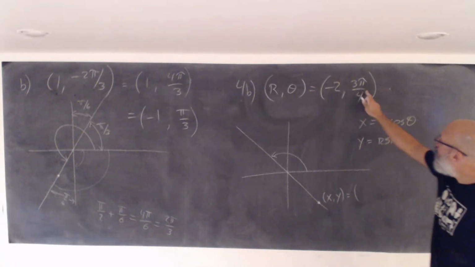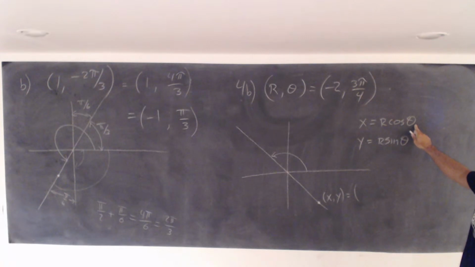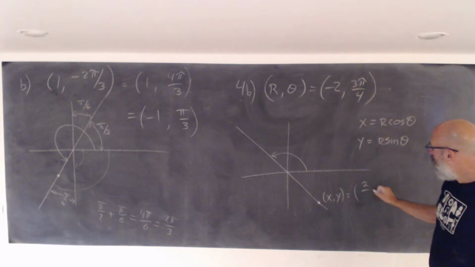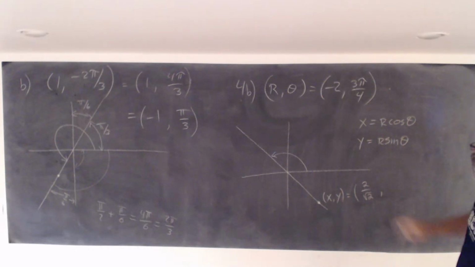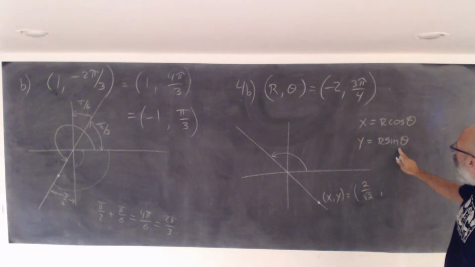When r is -2 and theta is 3 pi over 4, cosine of 3 pi over 4 is -1 over root 2. So you get 2 over root 2 here. And sine of 3 pi over 4 is 1 over root 2.